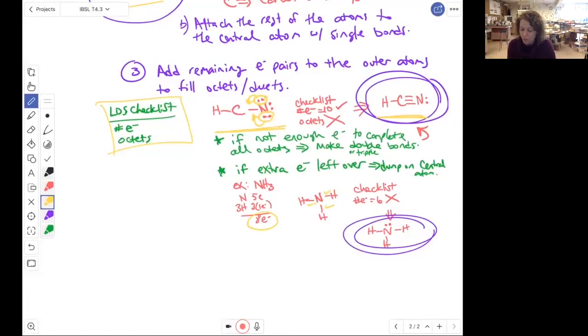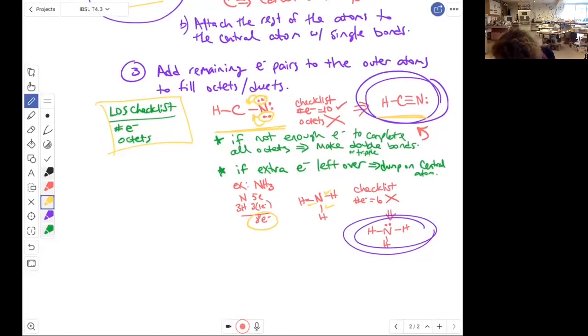So what I would try to do normally is put those on those outer atoms, right? Finish filling in for my octets. That would have been what I would have been working on, but they're all hydrogens. I can't put any more electrons there, right? So that's where you have to do this second little green note here. If there are extra electrons left over and the outer atoms are all happy, then dump any extra electrons onto that central atom.